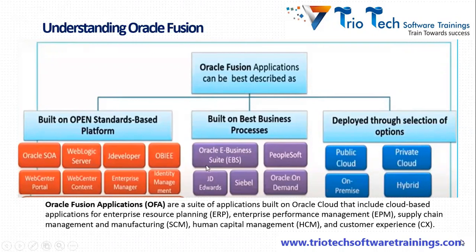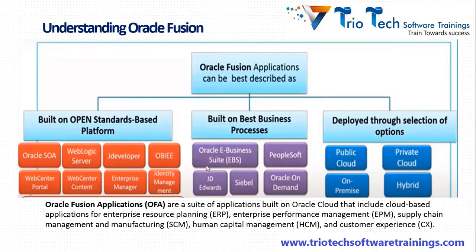Also, there is one more thing: it is deployed through a selection of options. In the earlier stages everything was on premise, meaning the data centers were at the client place and the applications were installed at the client data centers.